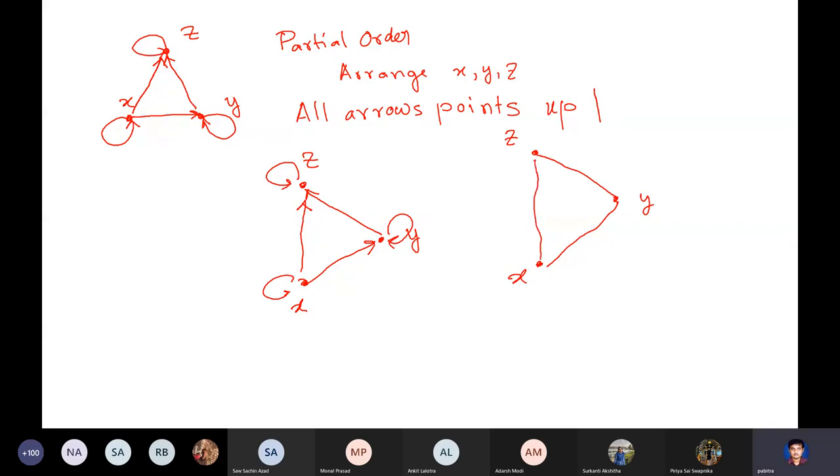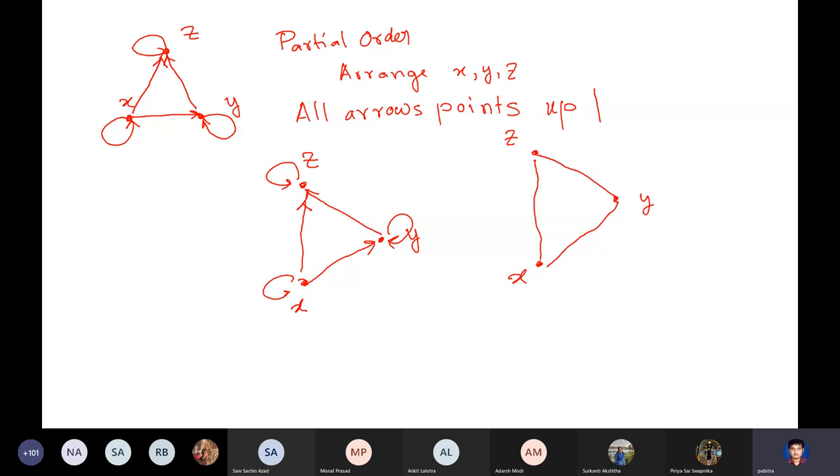Because I already have the convention, I can automatically put the direction of the arrows because I know all arrows point up. For this, I have to arrange X, Y, and Z geometrically that way. So this I can do without losing information. And since I know that self loops are always there for all X, Y, and Z, I can drop the self loops. Yes, they are implied.